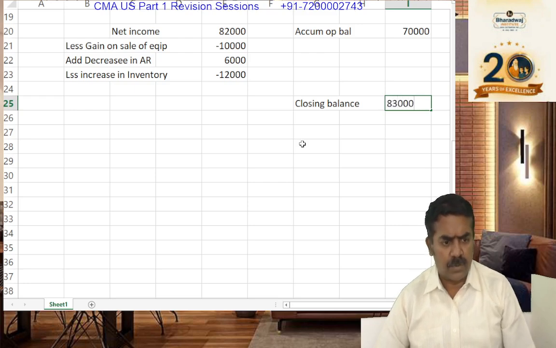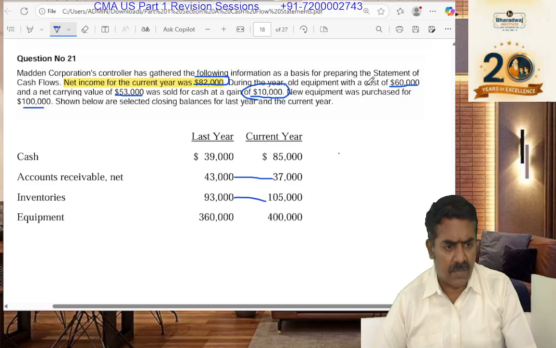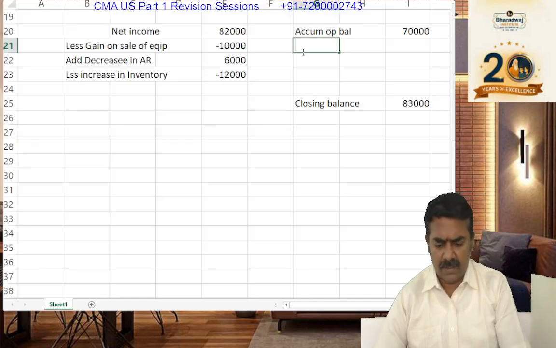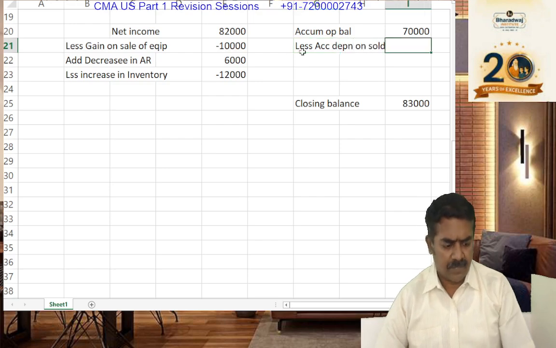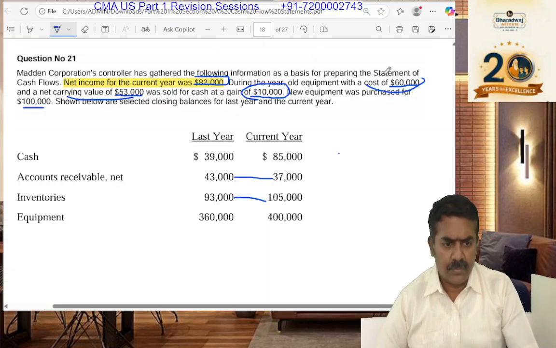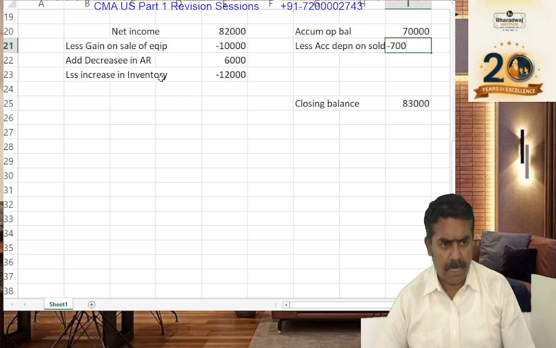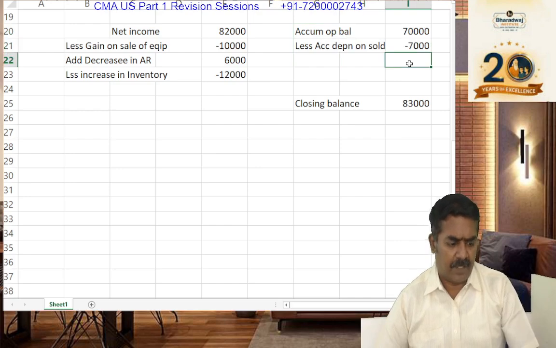Wait. There was one equipment sold. What is the cost of the equipment? 60,000. Net carrying value 53,000 means eliminate accumulated depreciation on the sold asset. How much? 17,000, 60,000, okay, 7,000. Eliminate 7,000. So 70 minus 7, it should be how much? 63,000, but closing balance is 83,000 now.